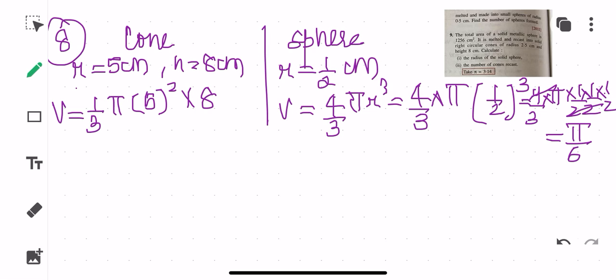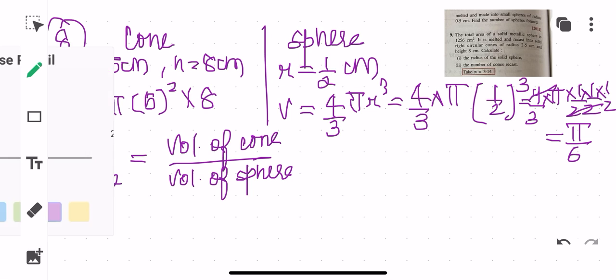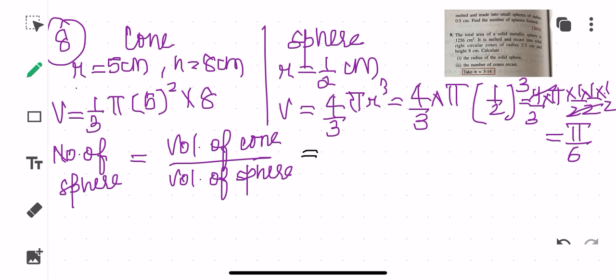So number of spheres will be equal to how much, children? You will be writing down number of spheres will be equal to volume of cone divided by volume of sphere. So this in turn is going to be equal to volume of cone, which you have calculated as 1 by 3 pi into 5 square, that is 25, into 8, divided by pi upon 6.